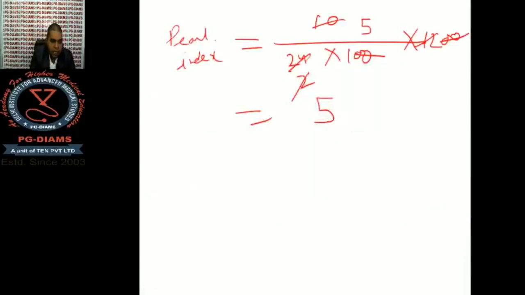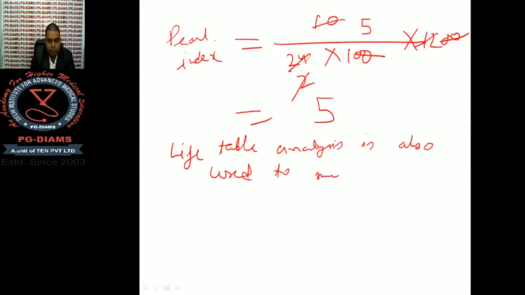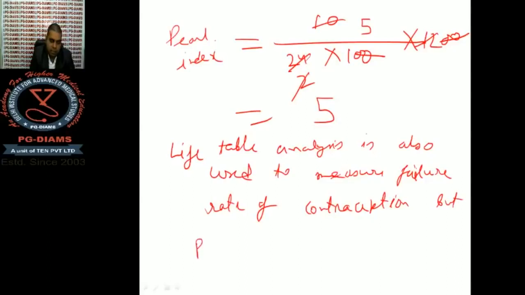Along with Pearl index, life table analysis is also used to measure the failure rate of contraception. But the better measure is Pearl index. Pearl index is the better measure.